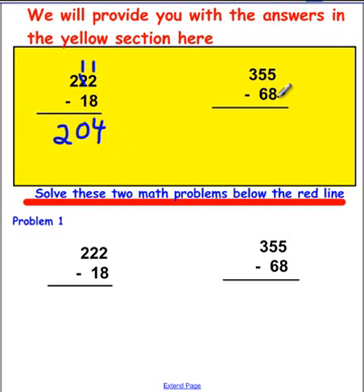Let's look at the next one. Same basic concept applies. The 8 is too large to subtract from the 5, so we must borrow from the tens. Since we have a 5 and we're going to take one 10 away, it is now a 4. And this is now at 15. 8 from 15 is 7. And now you notice we have another problem. 6 from 4. This is too small, so we must borrow from the hundreds.